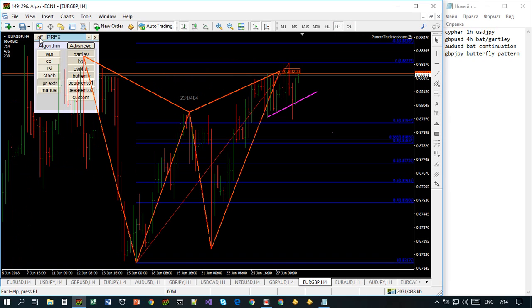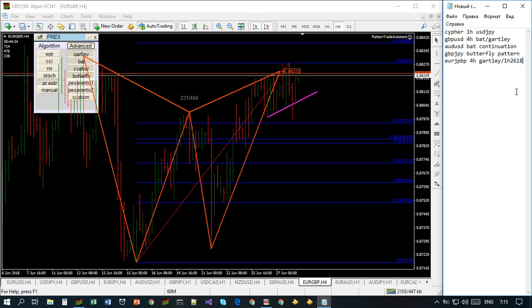Okay, so we have Euro GBP 4 hour. I would call it this way, Euro GBP 4 hour, and it will be called the Gartley, and 1 hour 2618.